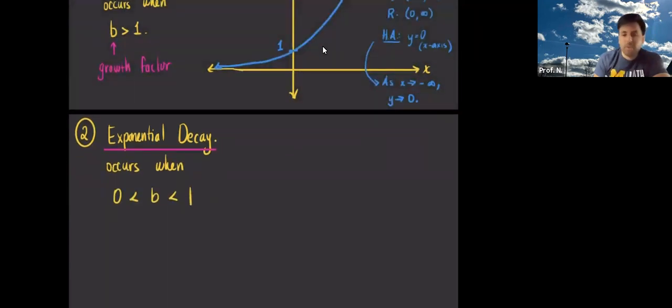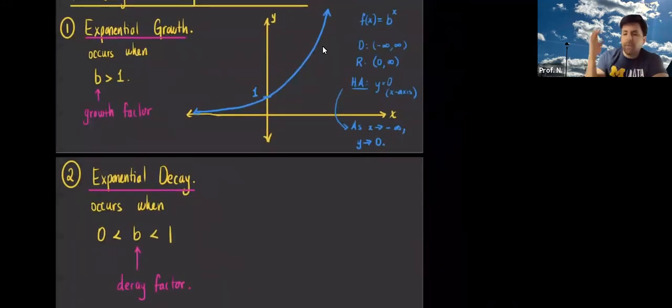And that's when my b value is something in between 0 and 1. So when my b value is bigger than 1, I get growth. When my b value is between 0 and 1, I have a decay factor.